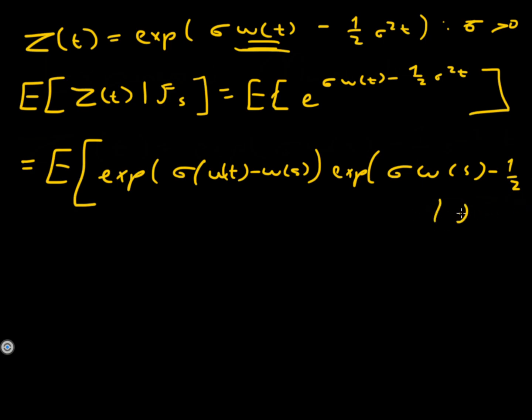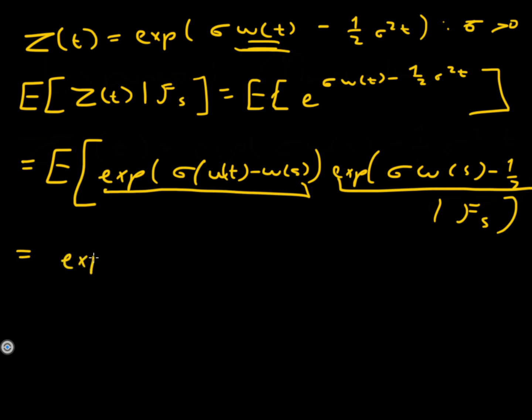Then we'll say conditional to F_s. Now we can use the property of taking out what's known and take this out, and then we can say that this is an increment, so it doesn't depend on this. So we can simply rewrite this in a simpler form as such.